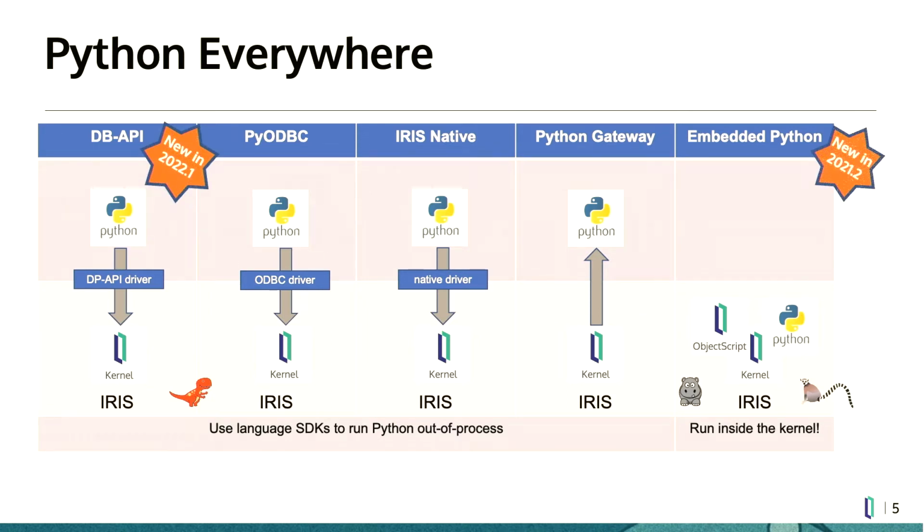Thanks, it'll help me. So the 5 different ways you can use Python today are the first 2, the DB API and PyODBC, which are basically relational, SQL-centric ways of using Python. You have your Python program, write SQL statements in it, and it gets to IRIS via an XDBC driver, either ODBC or DB API.